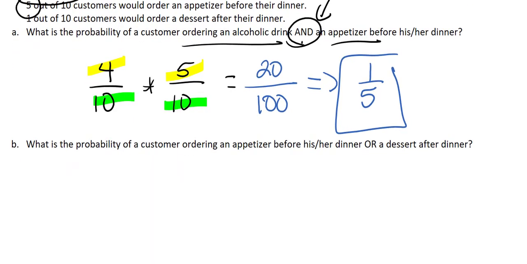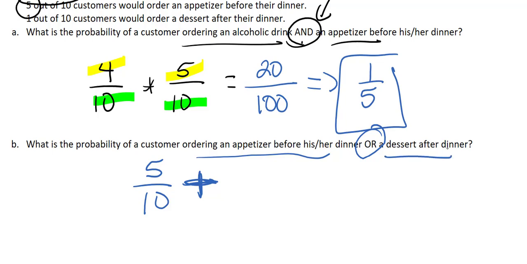So what's the probability of a customer ordering an appetizer before his or her dinner or dessert after dinner? Well, notice that we have an "or", so we're going to go ahead and add. So let's just go ahead and put the addition sign there. Now ordering an appetizer, well, we did this in the last one, and that's going to be 5 out of 10.